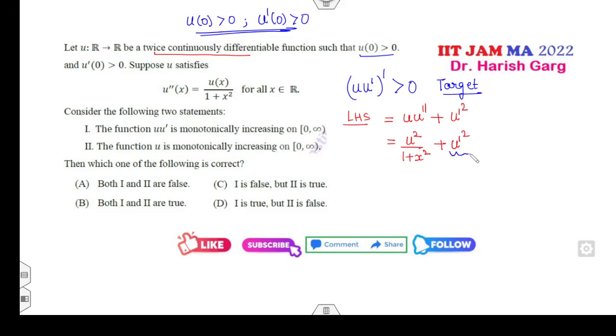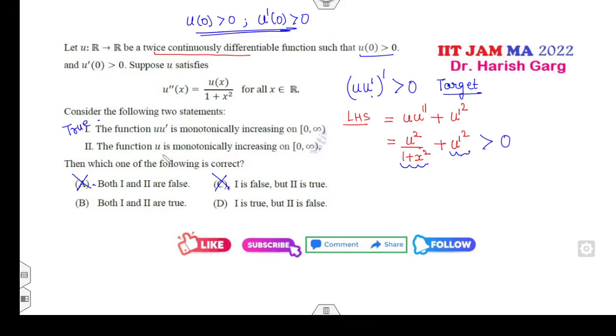Now clearly this number is always positive and this number is always positive, both strictly greater than 0. That means the first statement is a true statement. So the first is false, both are false, so options A and C are directly cancelled out.